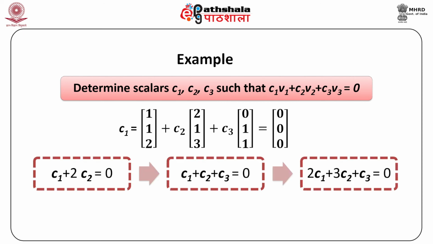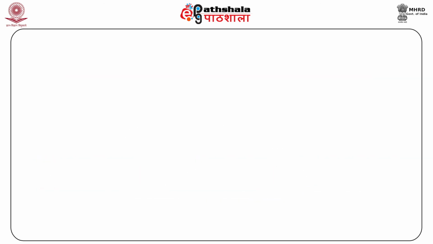That is, c1 plus 2c2 is equal to 0, c1 plus c2 plus c3 is equal to 0, and 2c1 plus 3c2 plus c3 is equal to 0. Solving this system for c1, c2 and c3, we get c1 equal to 2, c2 equal to minus 1 and c3 equal to minus 1. Since we get non-zero values for the scalars, the vectors v1, v2, v3 are linearly dependent.